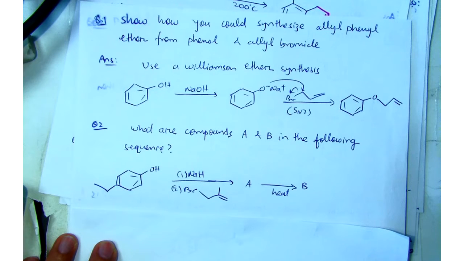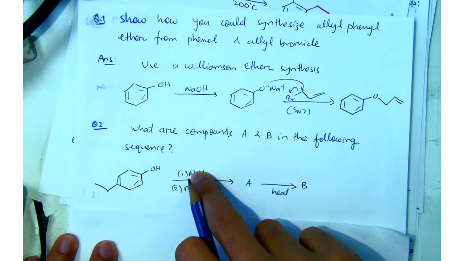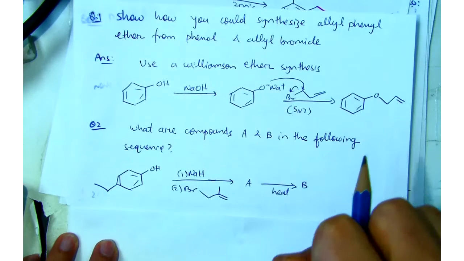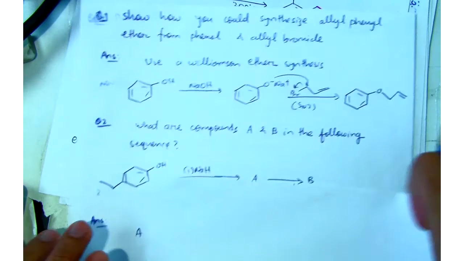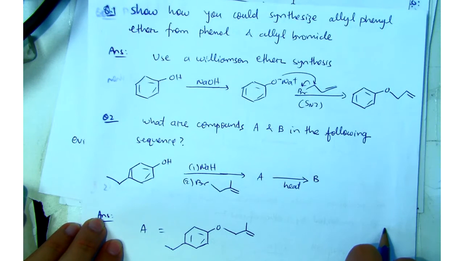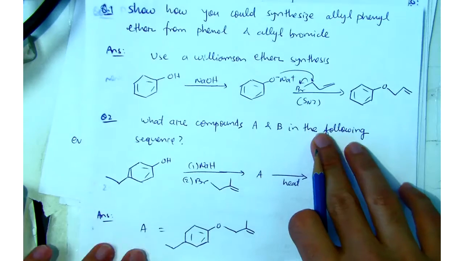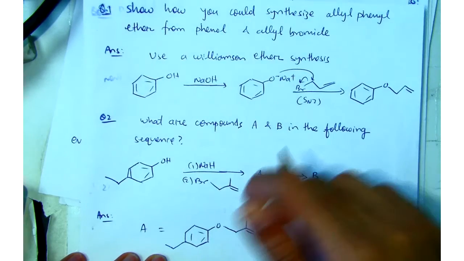So the first part is the same. Any H plus takes H minus plus O minus, and you get the ether, and then heating. Let me check this. You can ignore this part because that's required really minimal, but up to A, that's again a Williamson ether.